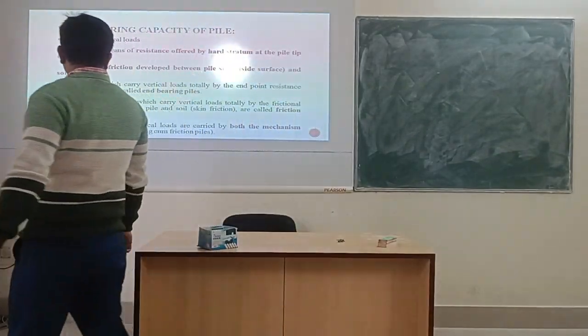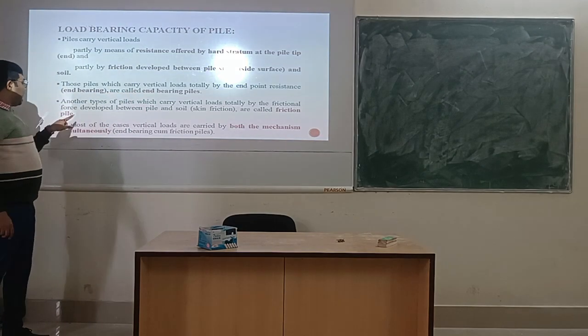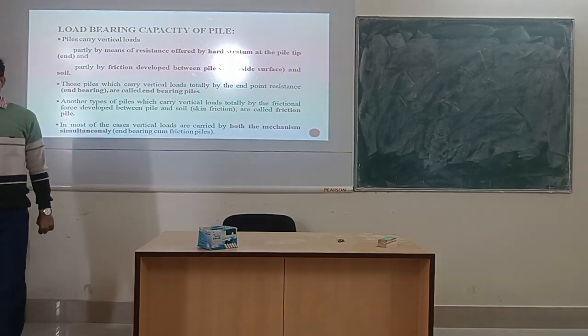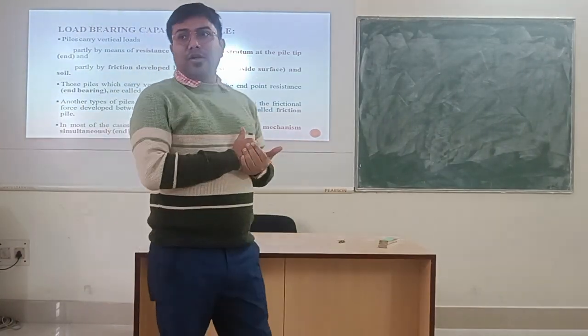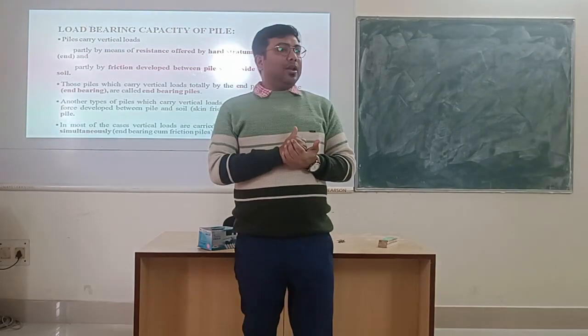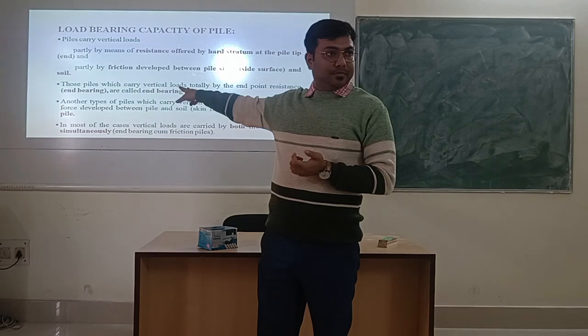Because we can classify end bearing pile and friction pile theoretically, but practically it is not possible for any pile to carry the load by only one of these two mechanisms.